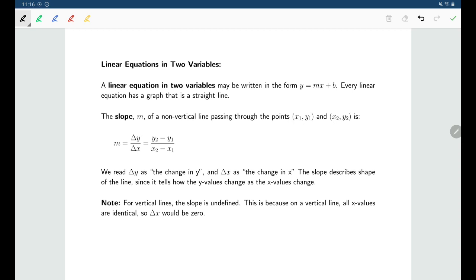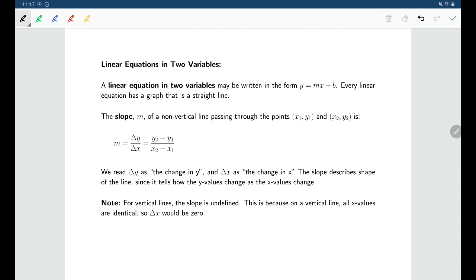I don't want to switch the order up with one x value going from the first point to the second and the y value going from the second to the first. I have to be consistent. If I'm calculating my differences, my changes in y's and x's, starting from one point going to the other, starting from the same point going to the same other point, and that will be how I'll calculate my slope.